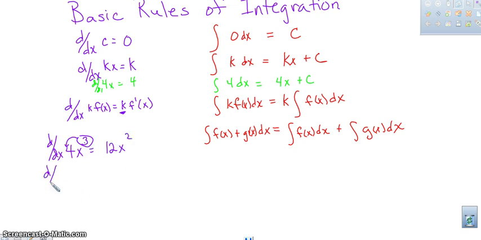Or in general terms, if you had x to the nth power, we moved the n in front, so we get n x raised to the n minus 1. So if you're integrating, we also have something called a power rule for integration. This one we use quite a bit, just like the power rule in differentiation.